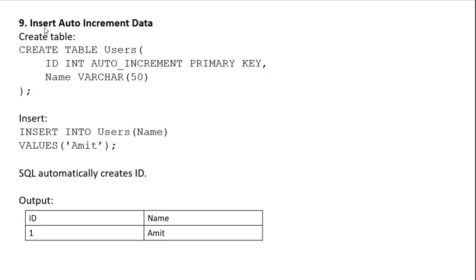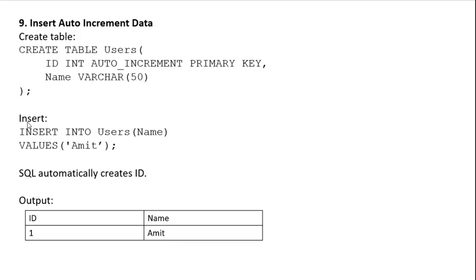Ninth is insert auto increment data. Create a table users, with id int, and after that write AUTO_INCREMENT and PRIMARY KEY. The primary key is unique data, so there are no duplicate values. Then name as VARCHAR(50), close the brackets and a semicolon.